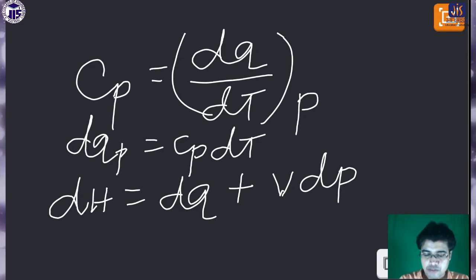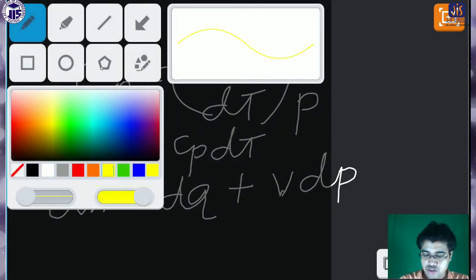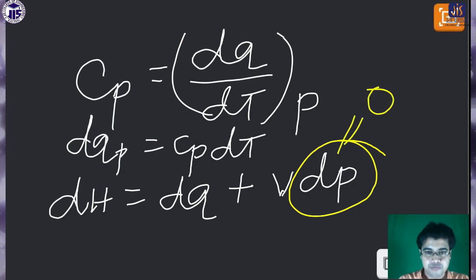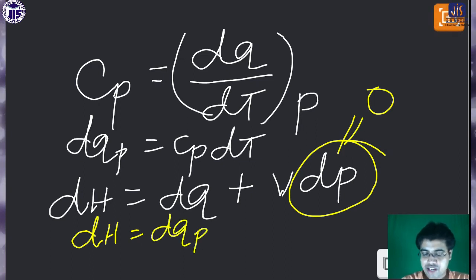So if pressure is constant, obviously dP will be 0. So if dP equals 0, then dH equals dqp. So now you can replace dqp here by dH.